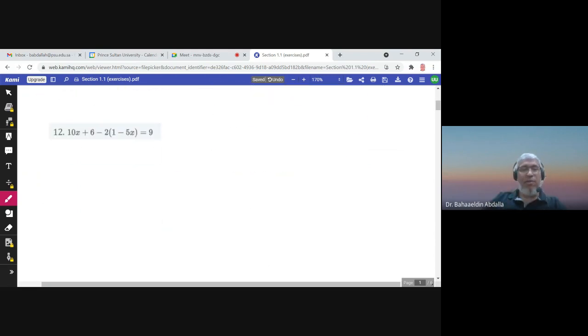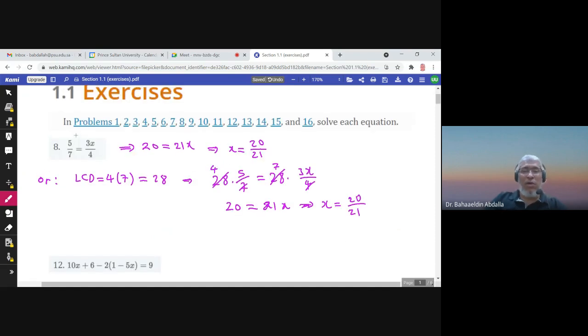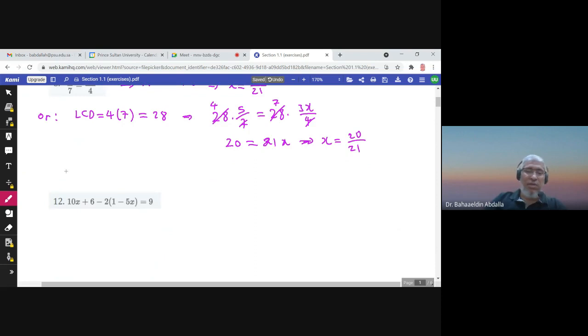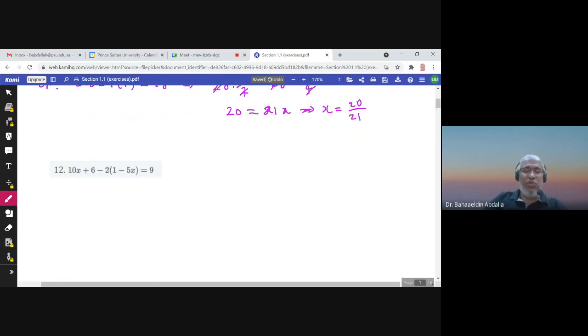This is another equation. No denominators here. So we just need to expand parentheses, remove all parentheses. So 10x plus 6, this is okay. And now negative 2 is multiplied by parentheses.